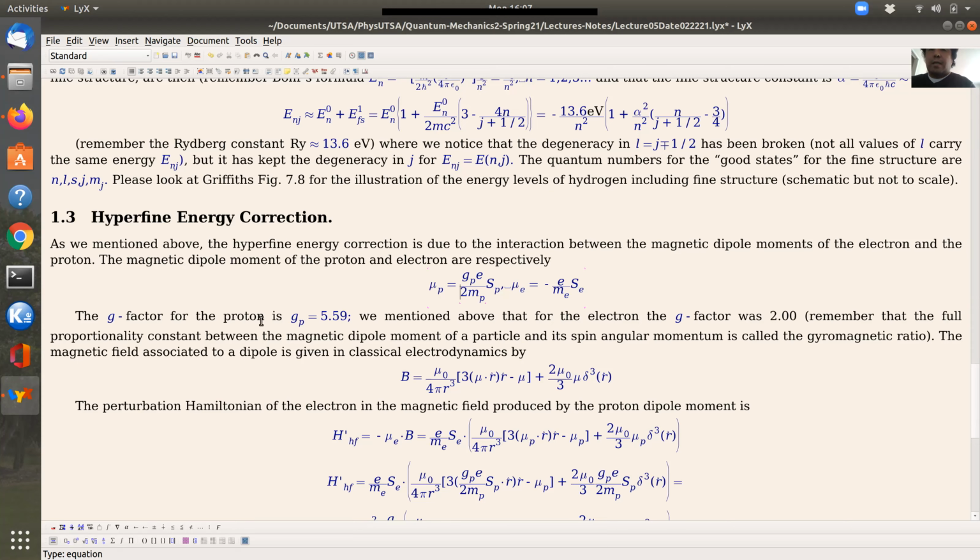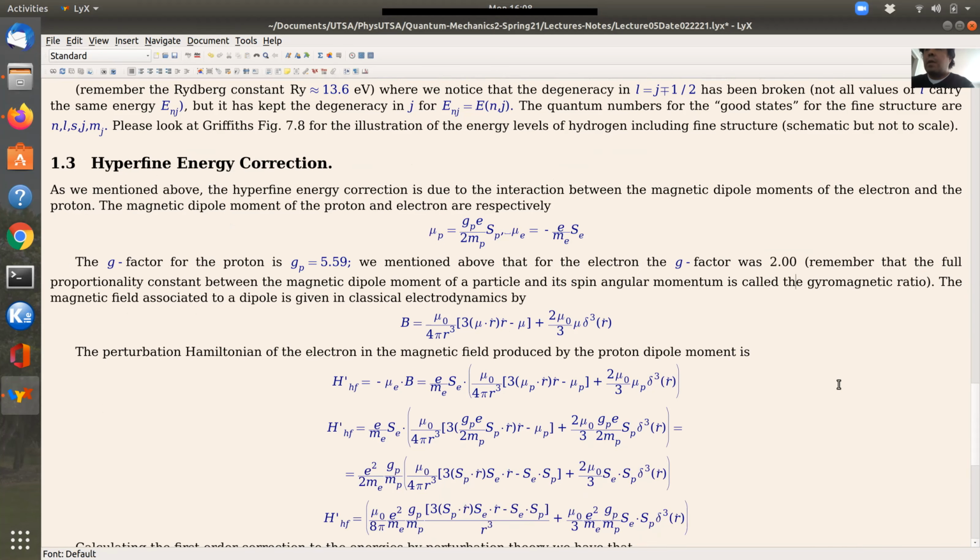In the case of the proton, though, this g factor is basically around the value of 5.59. And of course, the proportionality between the magnetic dipole moment and the spin is called the gyromagnetic ratio. And for the electron, we have already mentioned it. So, okay, this is covered for this moment.